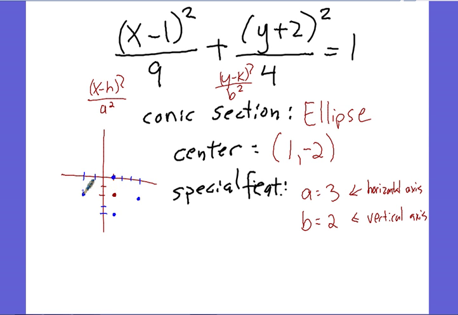So this should look kind of like a football. It looks like Stewie Griffin's head, right? So now when you watch Family Guy, you're all going to see Stewie and you'll be like, that's an ellipse. Any questions? We good? All right.